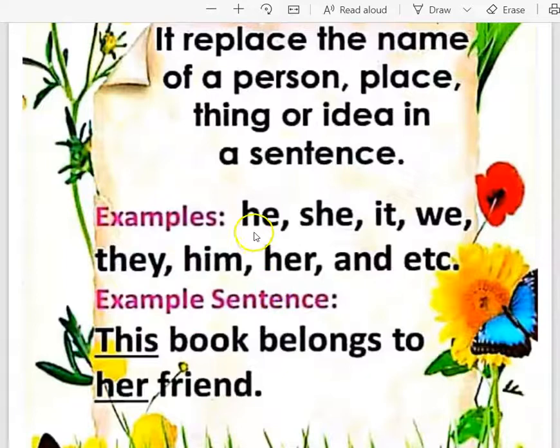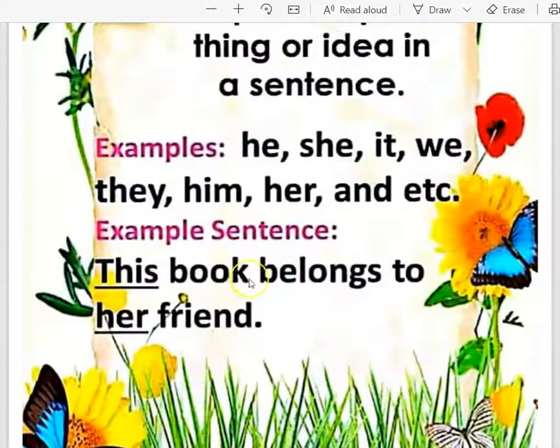For example, he, she, it, we, they, him, her, etc. So when we are using a name that is called as noun, when some words replace the noun that is called as pronoun. This book belongs to her friend. Okay, what is her? Her is a pronoun.